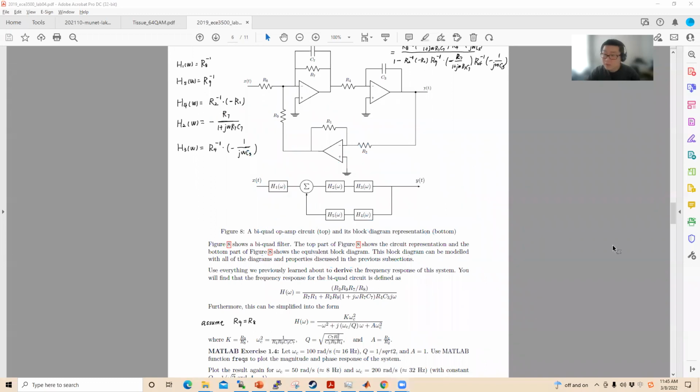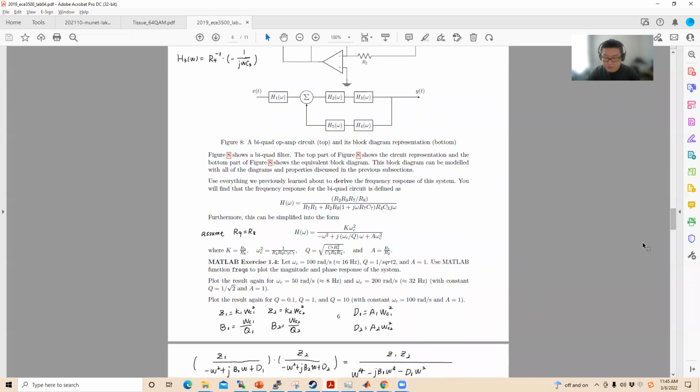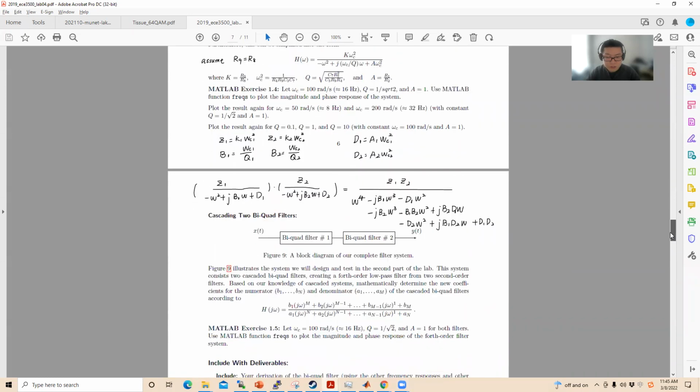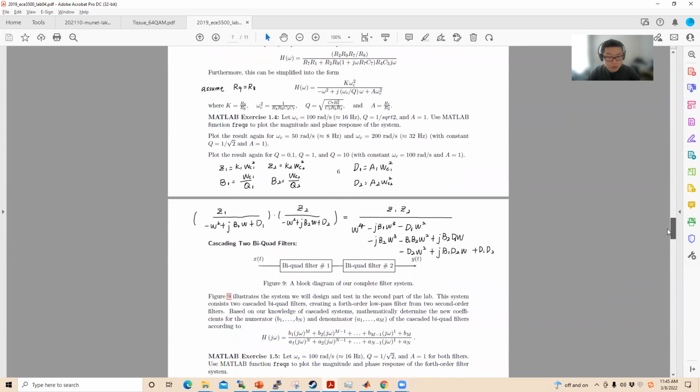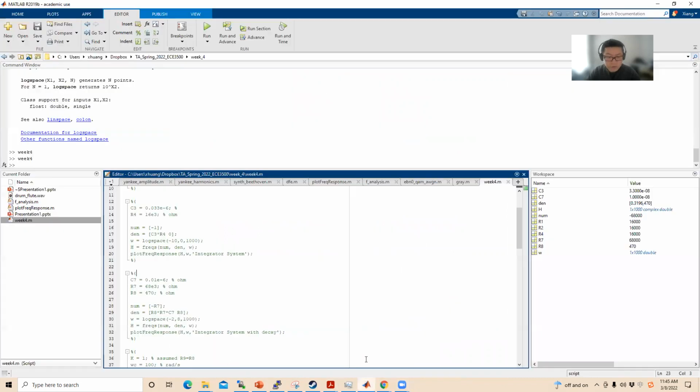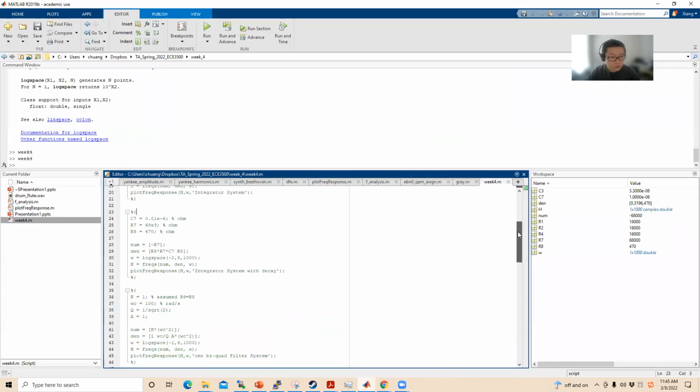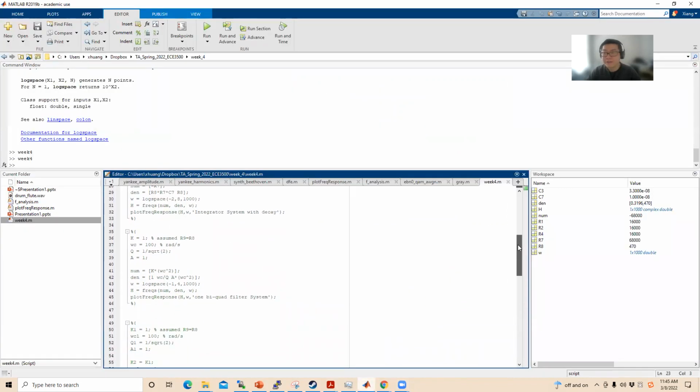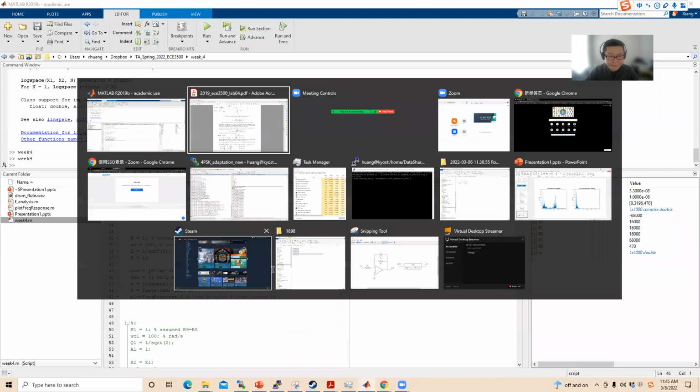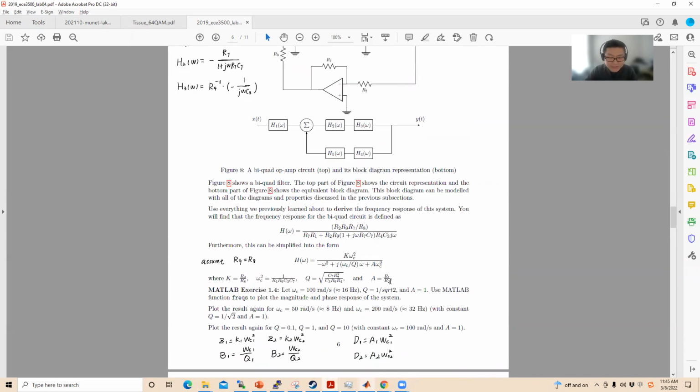Okay, so now, let me show you how to define the biquad filter system in MATLAB. Here I just follow these instructions.